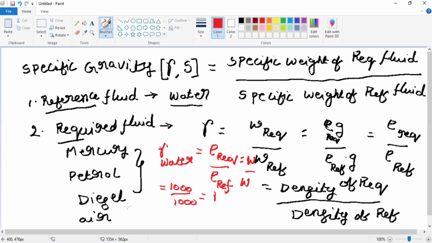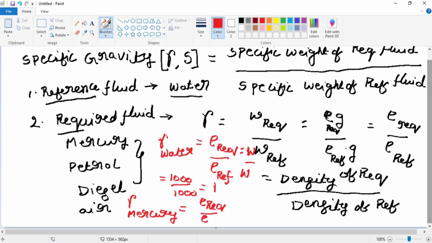Similarly, if you want to know the specific gravity of mercury: here mercury is the required fluid. So the formula is required fluid density by reference fluid density.